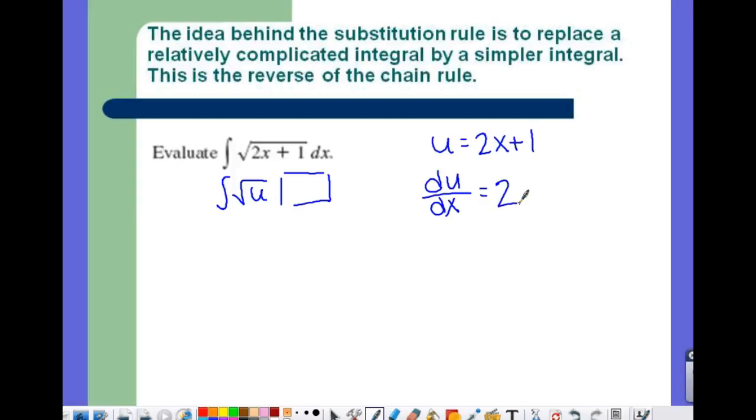Now, you've got to solve for dx so that you can replace it. So you're going to flip-flop the 2 and the dx. So we'll say du divided by 2 equals dx. Now I can replace the dx with du divided by 2.